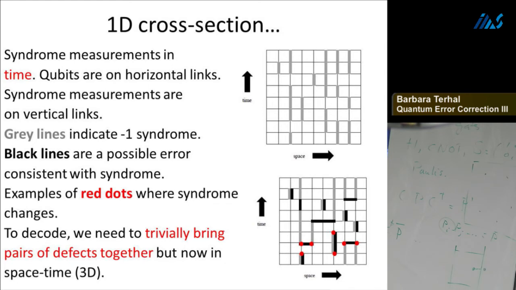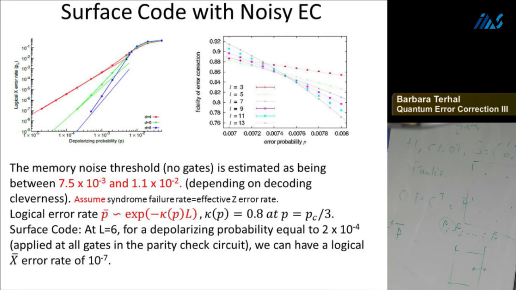The black lines can be horizontal lines, which are the usual errors on the qubits. And if they're vertical lines, they are parity check measurement errors. So for example, here the syndrome was -1, and that was caused by this black line. Okay, so that gives you some idea of that.